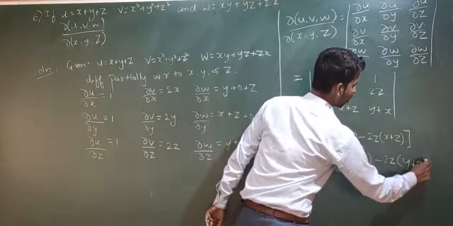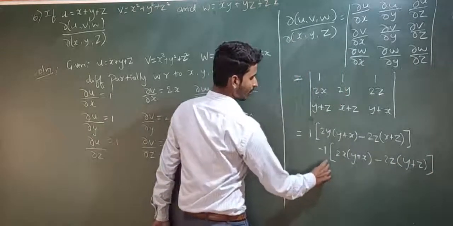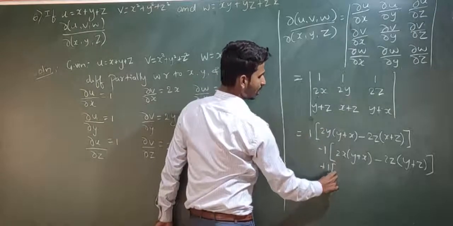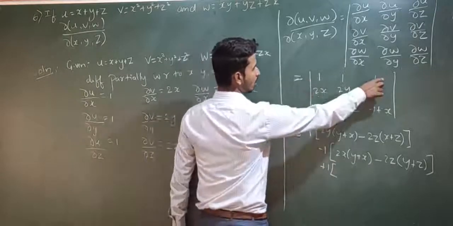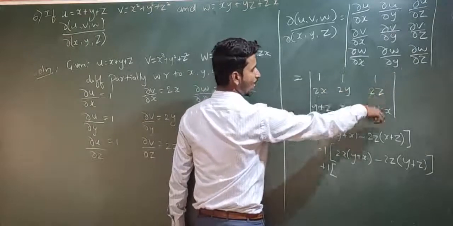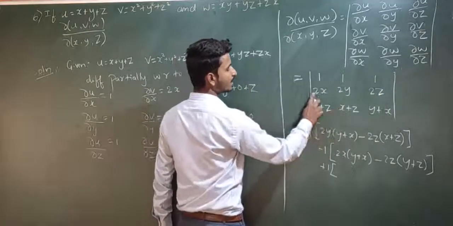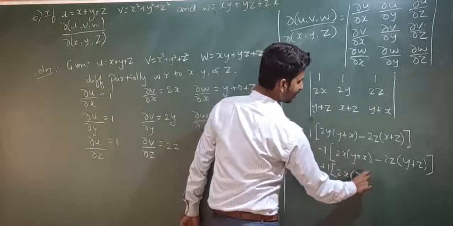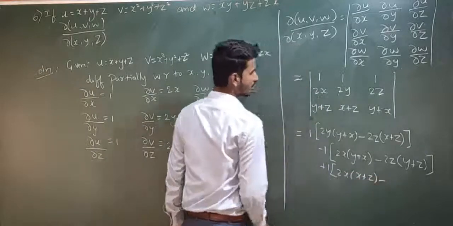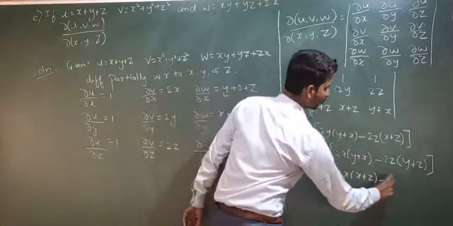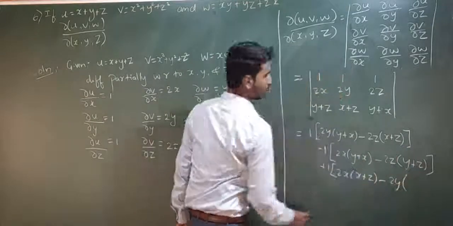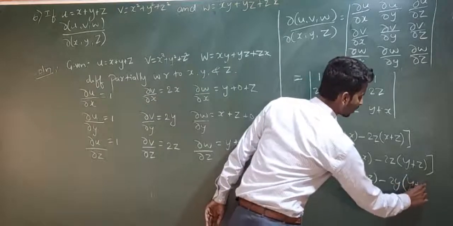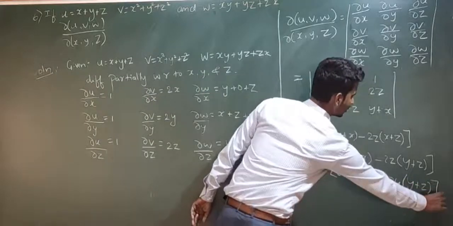Plus the final term, that is 1. Here we have to leave this row and this column. We have to multiply this 2x into x plus z, minus of 2y into y plus z.